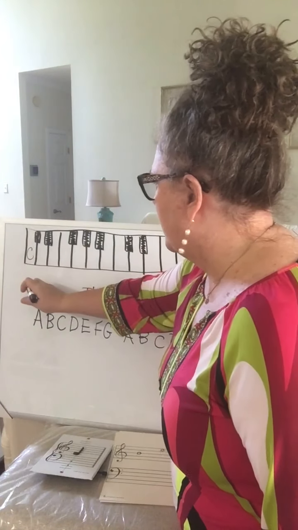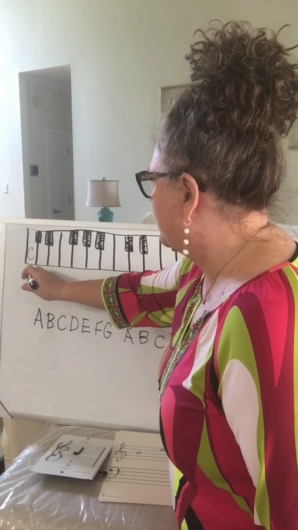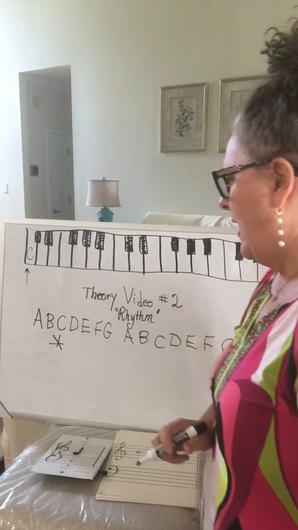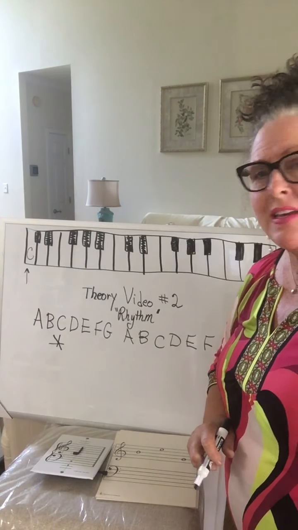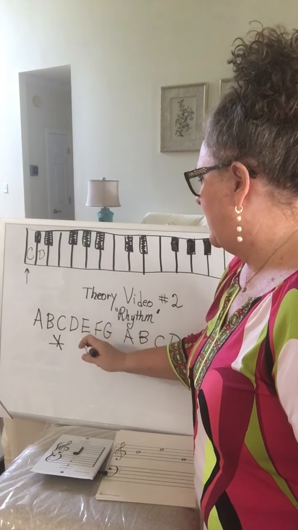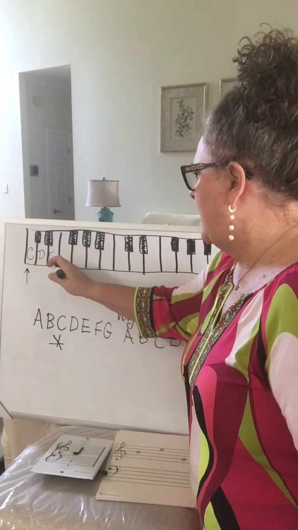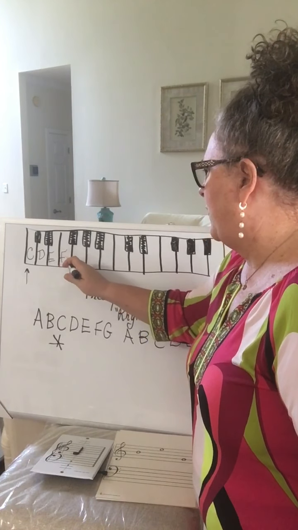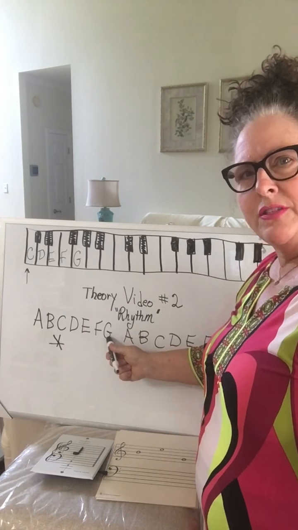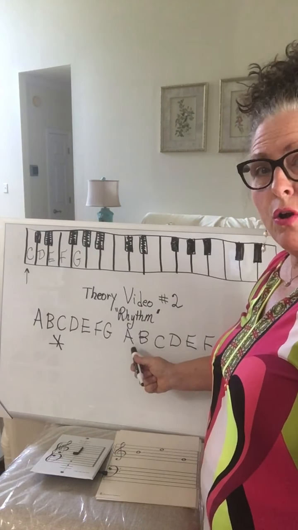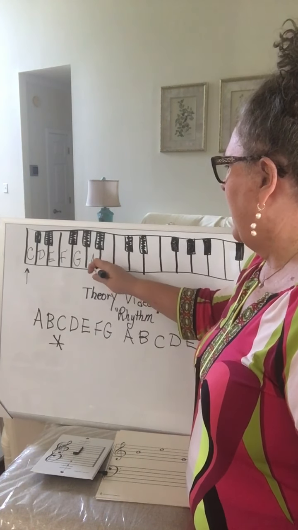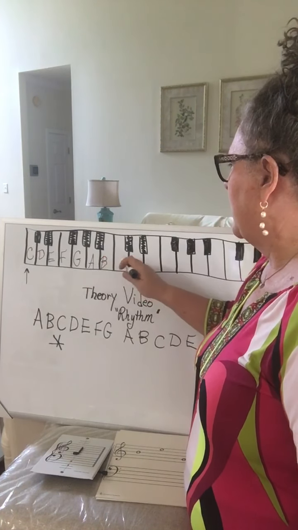So we're going to consider this our middle C. And so if we look at our alphabet, and if we start on C, then our next note, of course, is D, E, F, G. And when we get to the end of the music alphabet, we simply start at the beginning, which is on A. So this is our A, B, C.